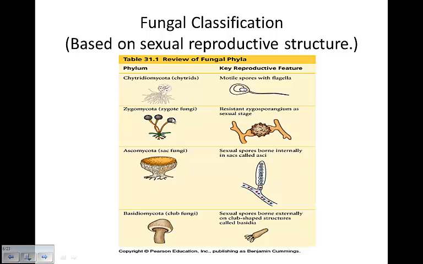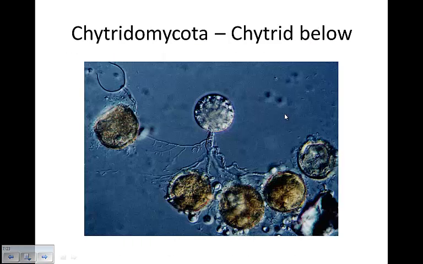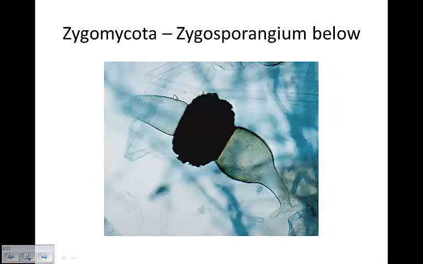Then we have the Zygomycota, and the sexual structure is the zygosporangium. Here's the chytrid, and here's the Zygomycota and the sporangium.